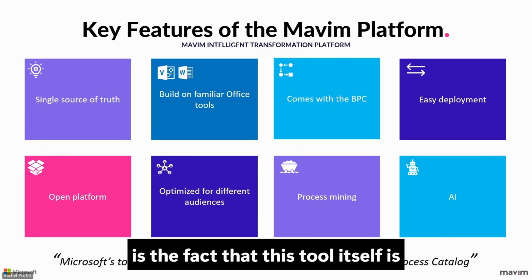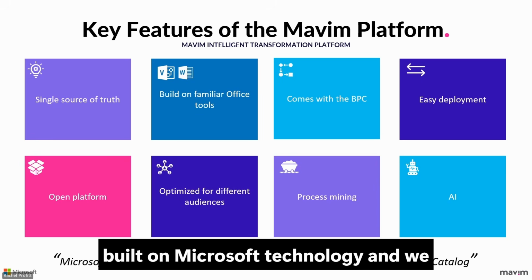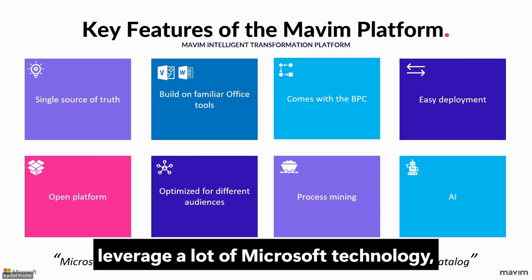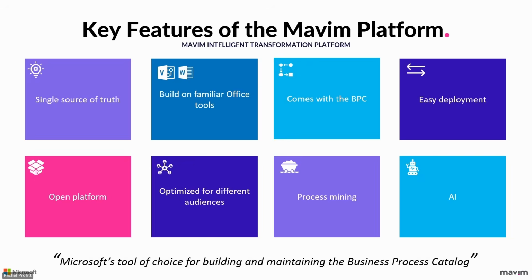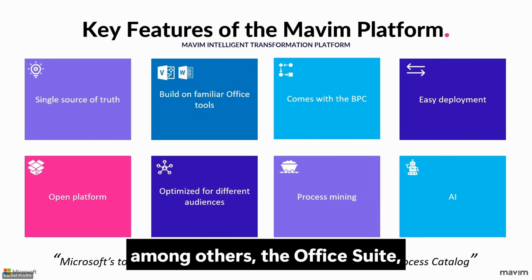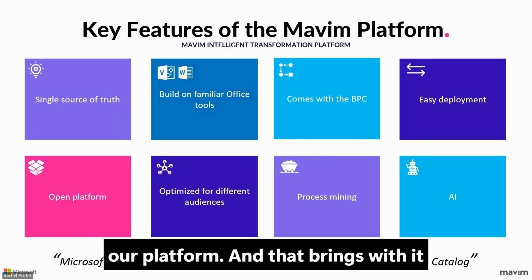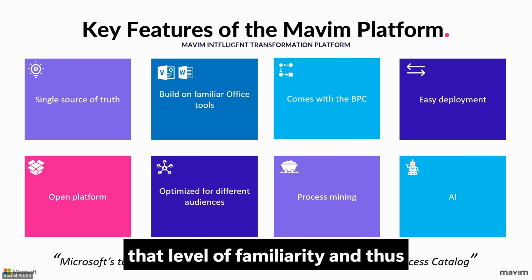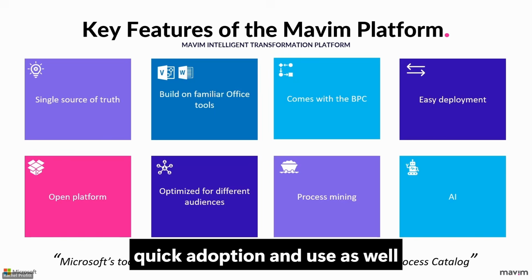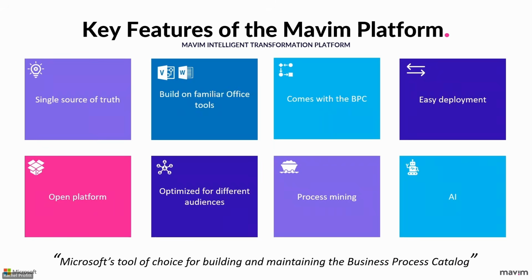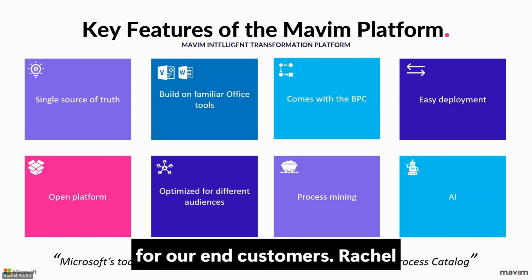Another aspect is the fact that this tool itself is built on Microsoft technology. We leverage a lot of the Microsoft technology, among others, the Office suite, which in certain aspects are embedded in our platform. And that brings with it that level of familiarity and thus quick adoption and use as well for our end customers.